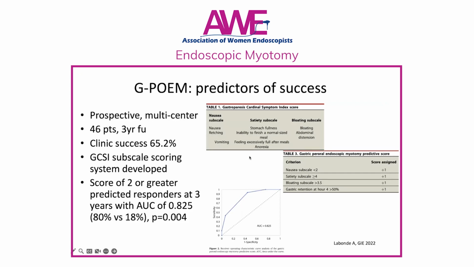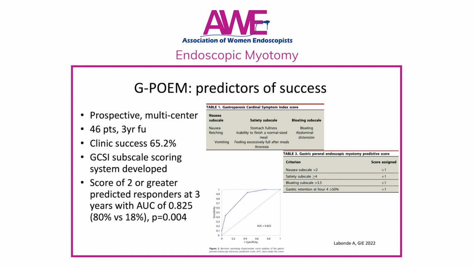So they used the categories of the GCSI, including the nausea category, the satiety category, and bloating, and provided a point for, as you can see, depending on the number of symptoms for each subcategory, and found that a score of 2 or greater predicted responders at 3 years with an area under the curve of 0.825, or 80%, compared to those who had scores of less than 2, which was 18%, which was significantly different.